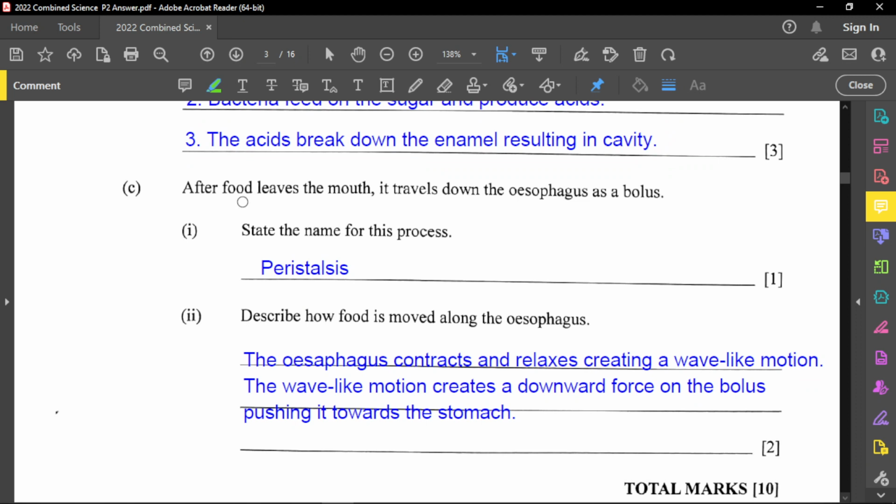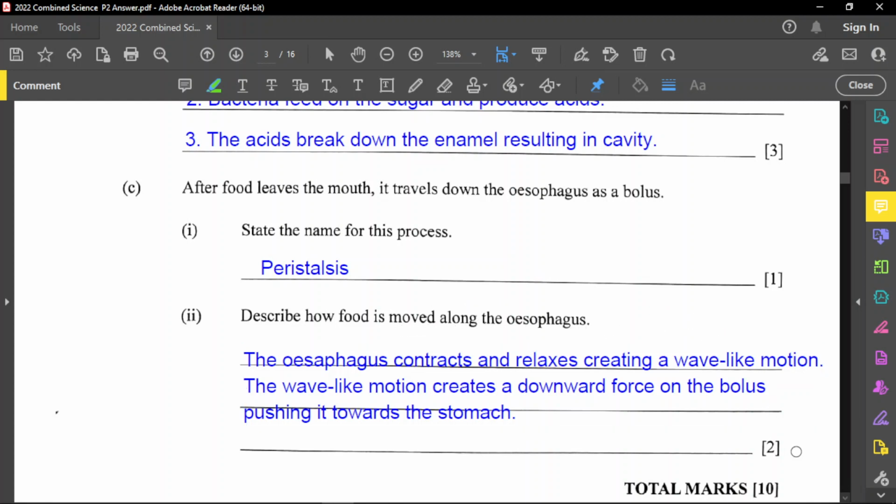All right, for part C, after food leaves the mouth, it travels down the esophagus as a bolus. A bolus is a ball of food mixed with saliva and enzyme. Now, it says state the name of this process, and it's called peristalsis. And it asks to describe how food is moved along the esophagus.